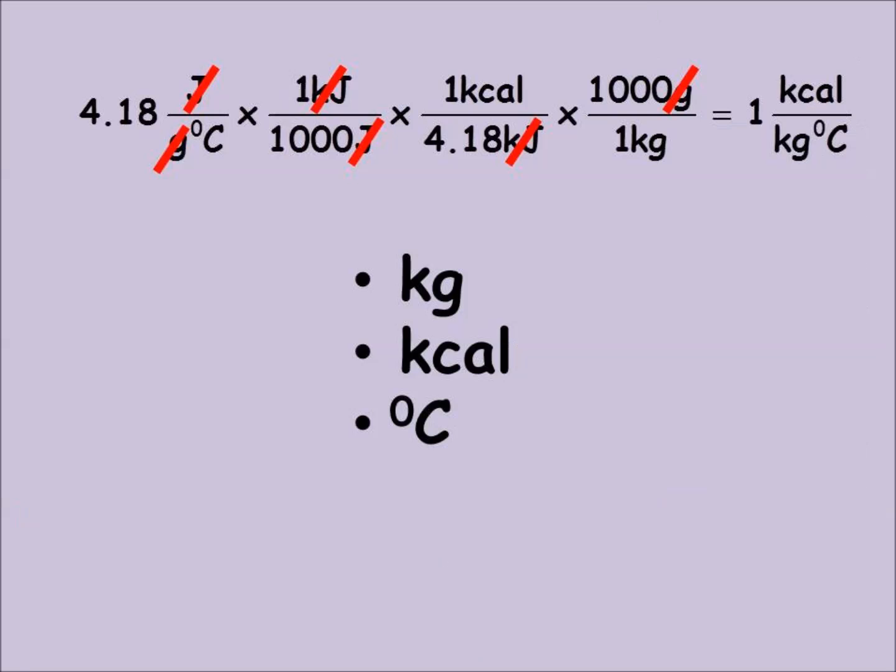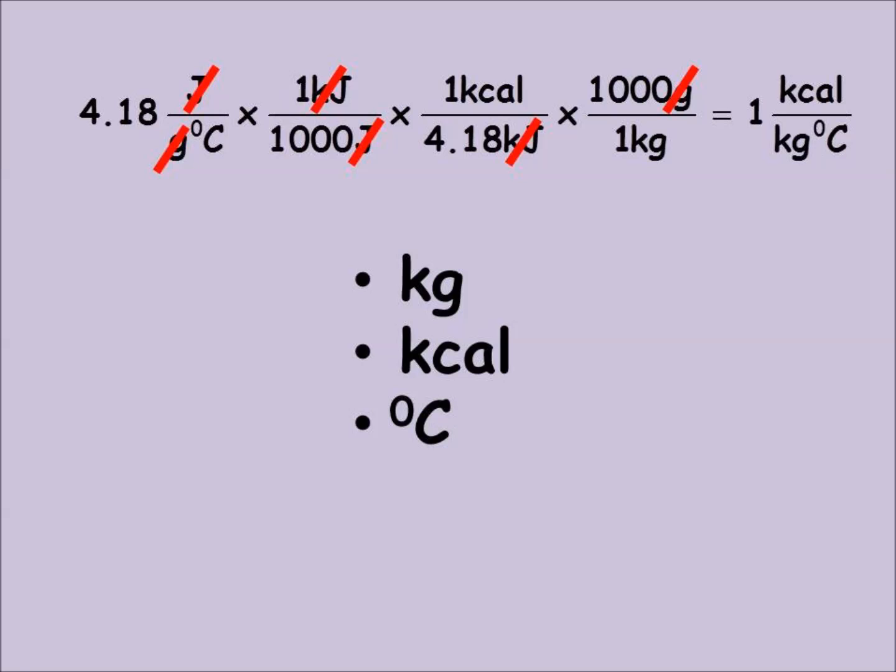For instance, if I'm going to convert from 4.18 joules per gram degree Celsius to kilocalories per kilogram degree Celsius, then I have to do a unit label conversion, as is shown here, because I want kilograms, kilocalories, and degrees Celsius.